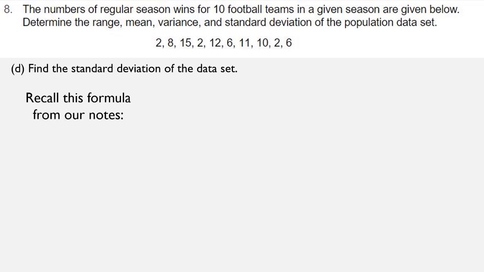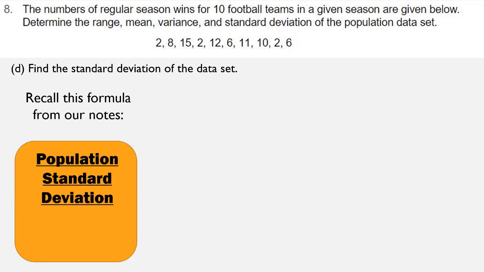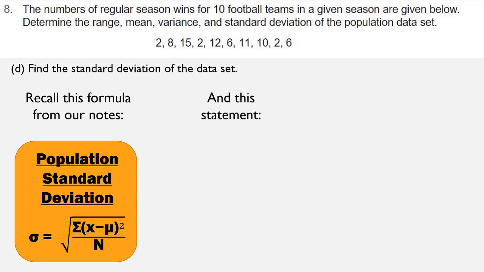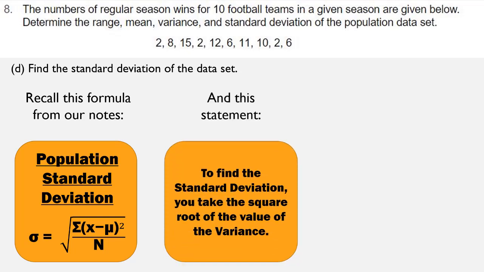In part D, we're trying to find the standard deviation. To find the standard deviation, we see this formula. The population standard deviation, sigma, is the square root of the sum of the x minus mu's squared divided by capital N. But we also remember this statement, that to find the standard deviation, you take the square root of the value of the variance. So we just found the value of the variance was 19.04.